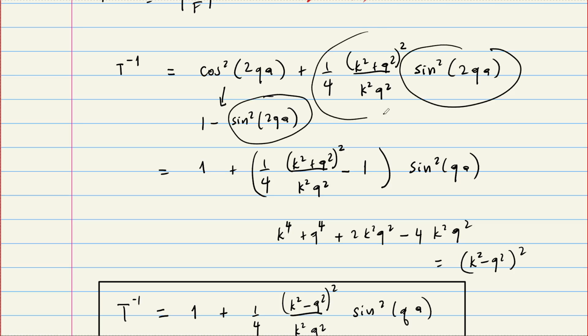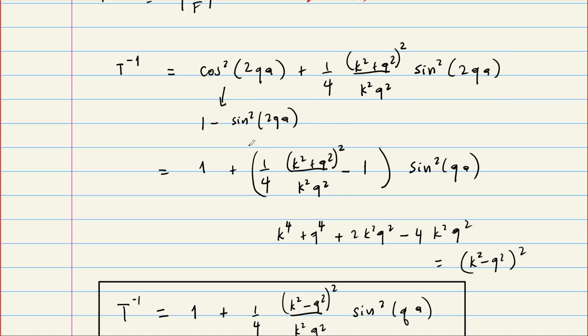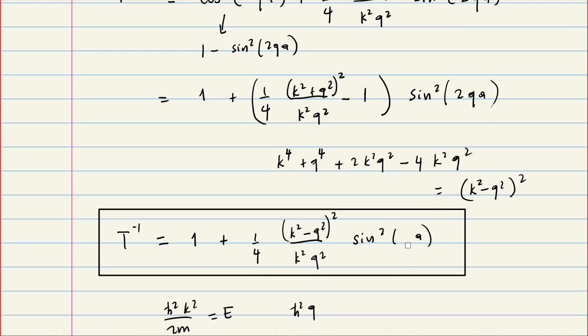The coefficient here is 1. The coefficient here is as it is. And I have minus here. And this minus is this minus. Okay, isn't it supposed to be then sine squared 2QA? Oh, yes, yes, correct. Good job. Thank you. So this is 2QA. I appreciate it. Thank you. And this one is also 2QA.